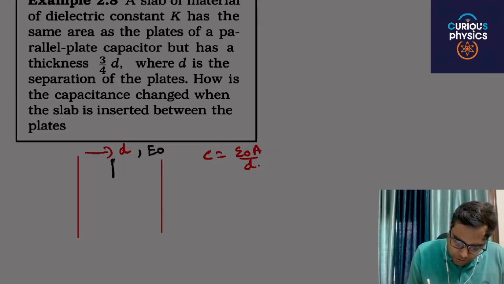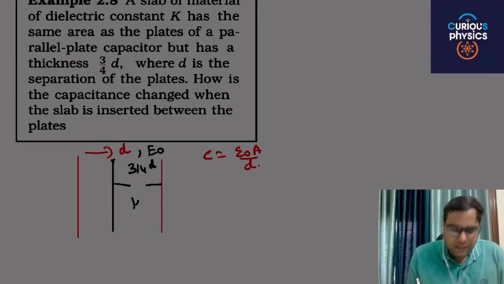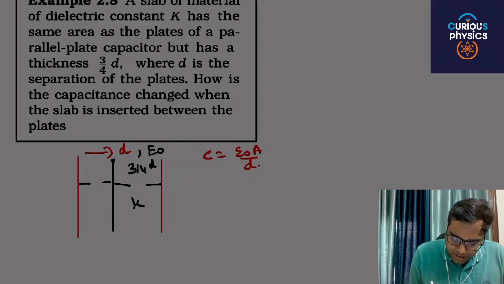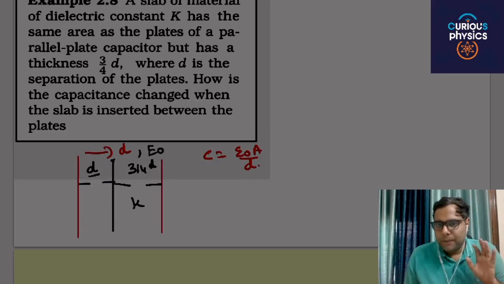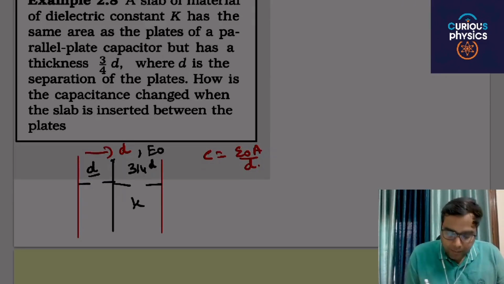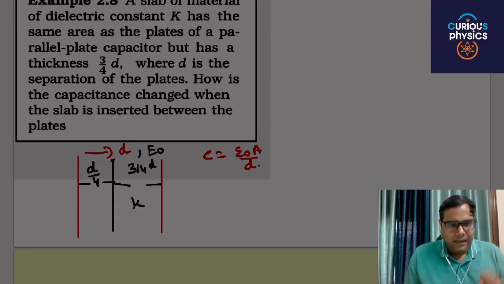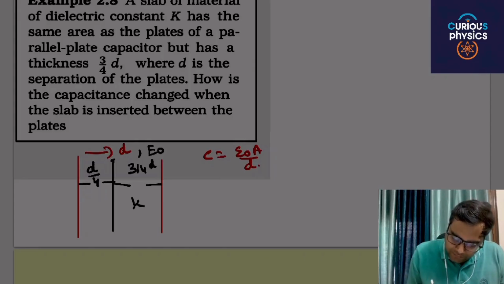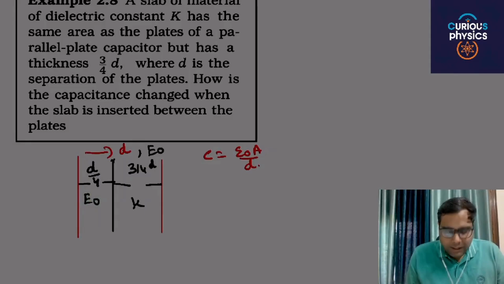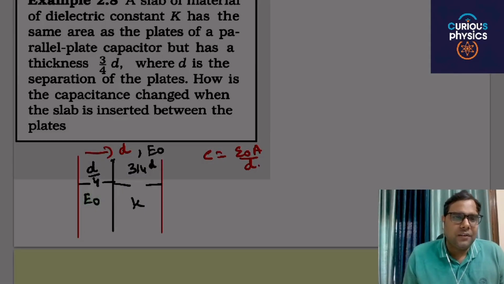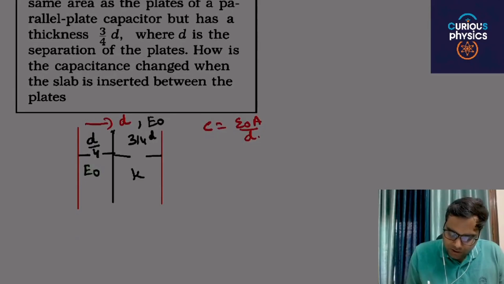Let's say a thickness 3 by 4 D has dielectric constant K, and the remaining D by 4 has no dielectric. Okay, are you able to understand my point? For this system, let's say the electric field is the same E naught in the air gap, but in the dielectric the electric field will change, and you know that it will be E naught by K.